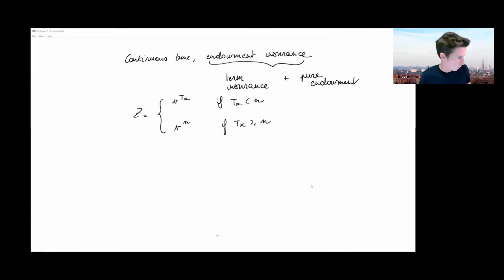So that's what we start from. And of course, we're interested in figuring out the expected value of this random variable Z.